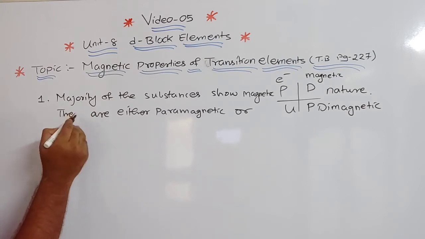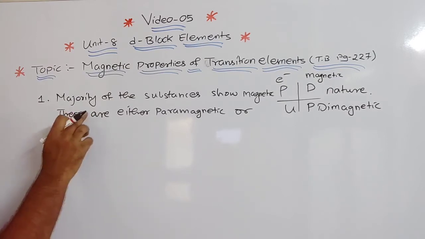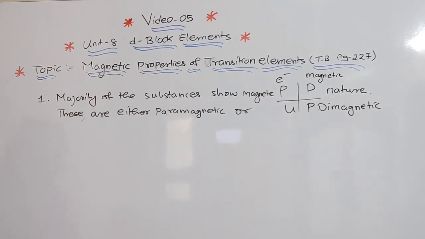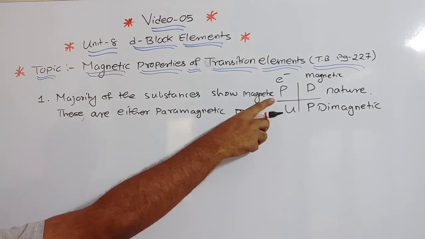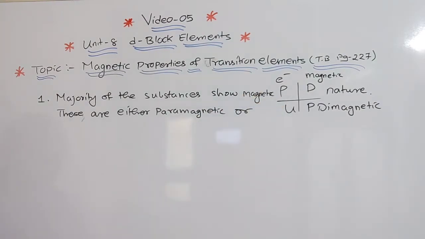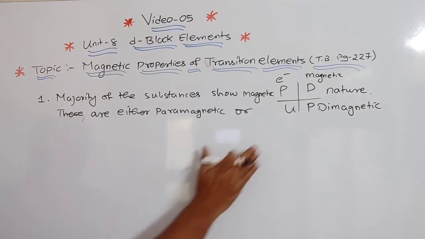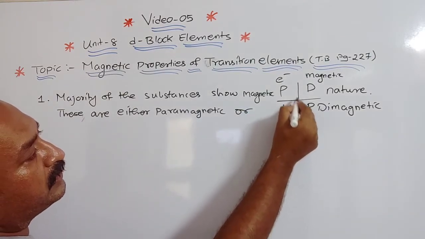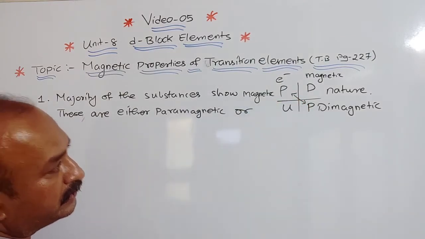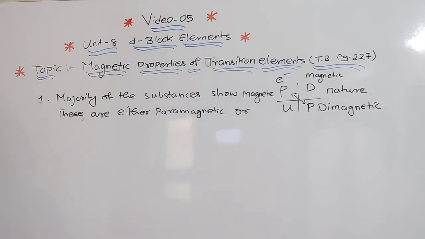What I said: if paired electrons are there, it is diamagnetic, and if unpaired electrons are there, it is paramagnetic. You can remember it diagonally, P must come, so it will be easier for you to remember.